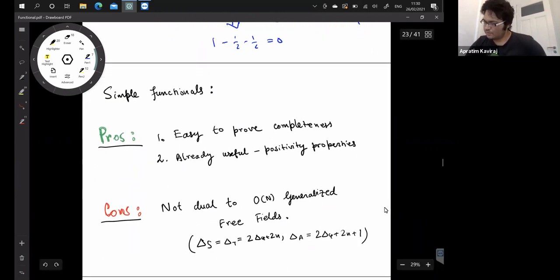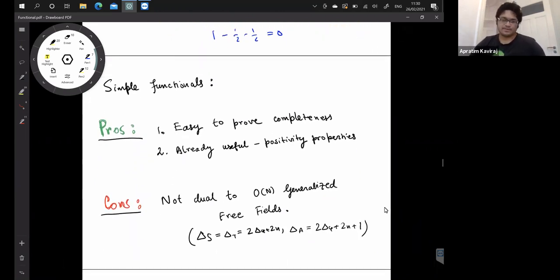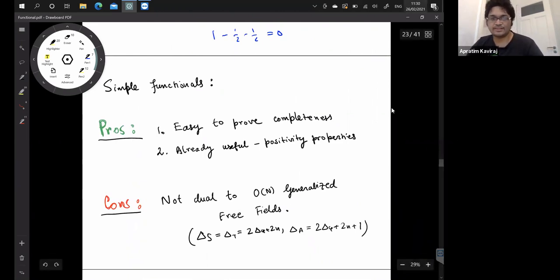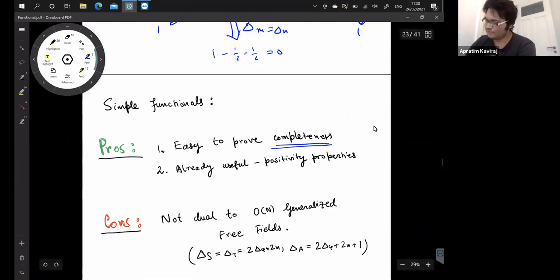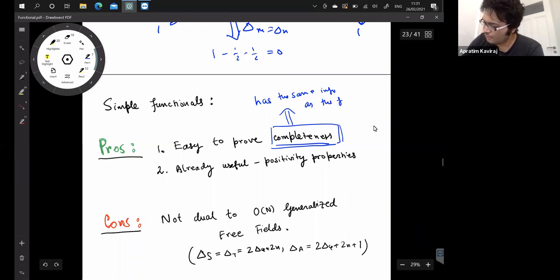All right. So simple functionals have the following advantages and disadvantages. Some advantages of simple functionals: it's easy to prove the completeness relation. By completeness relation, I mean that if a system of equations is complete, it has the same information as the full Bootstrap equations.